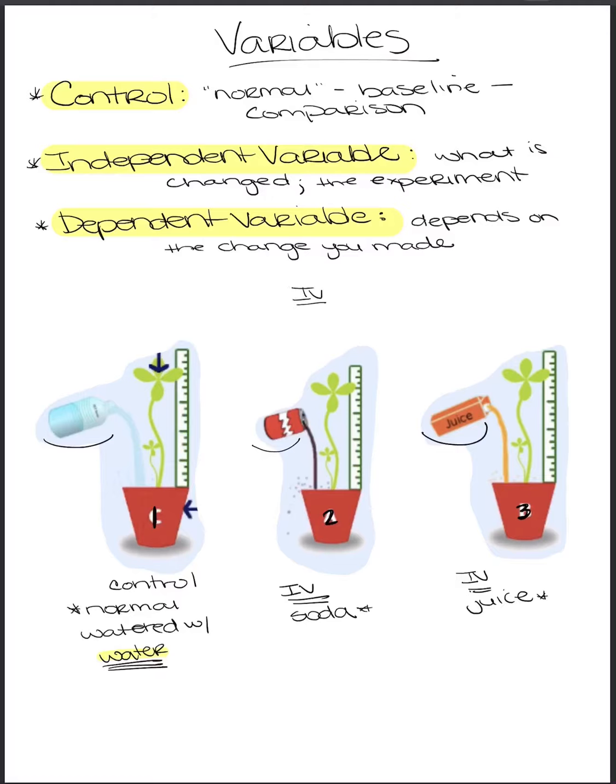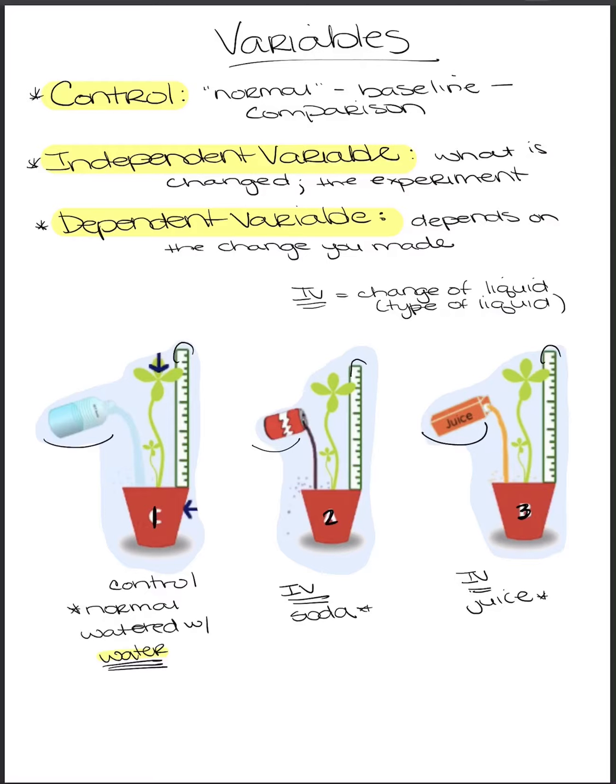So independent variable equals a change of liquid, or type of liquid. So maybe we are looking at how certain liquids affect plant growth. Again, we have this ruler in the pot because the ruler is looking at how tall those plants grow.